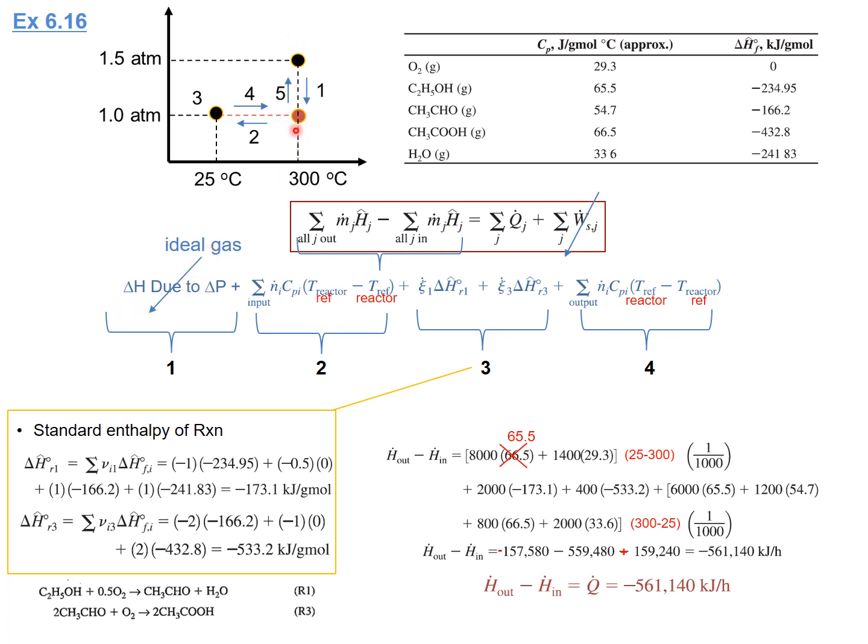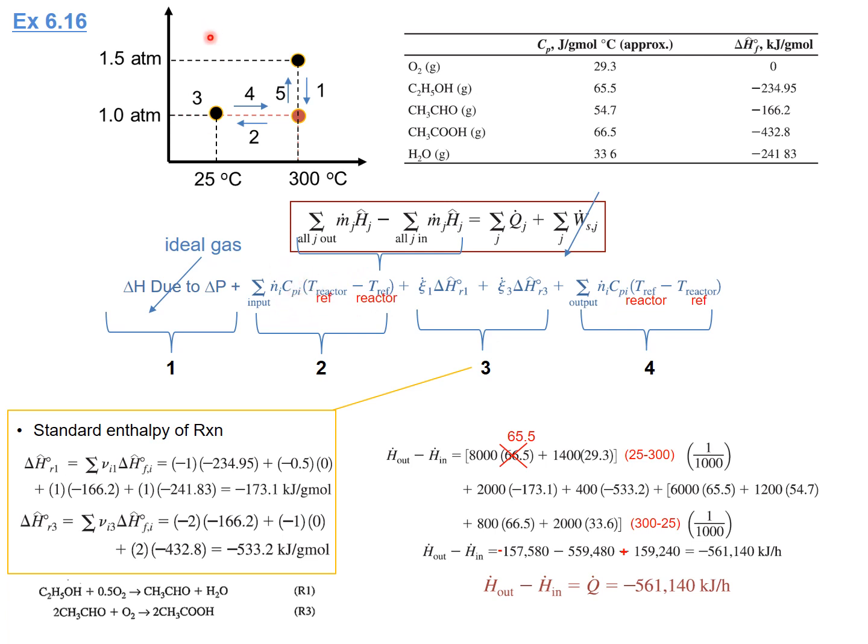And then right now we are at 1 atm and 300 Celsius degree. It's time to decrease the temperature from 300 to 25. In that case, we could use the CP with temperature difference equations. So 25 minus 300 with the heat capacity.